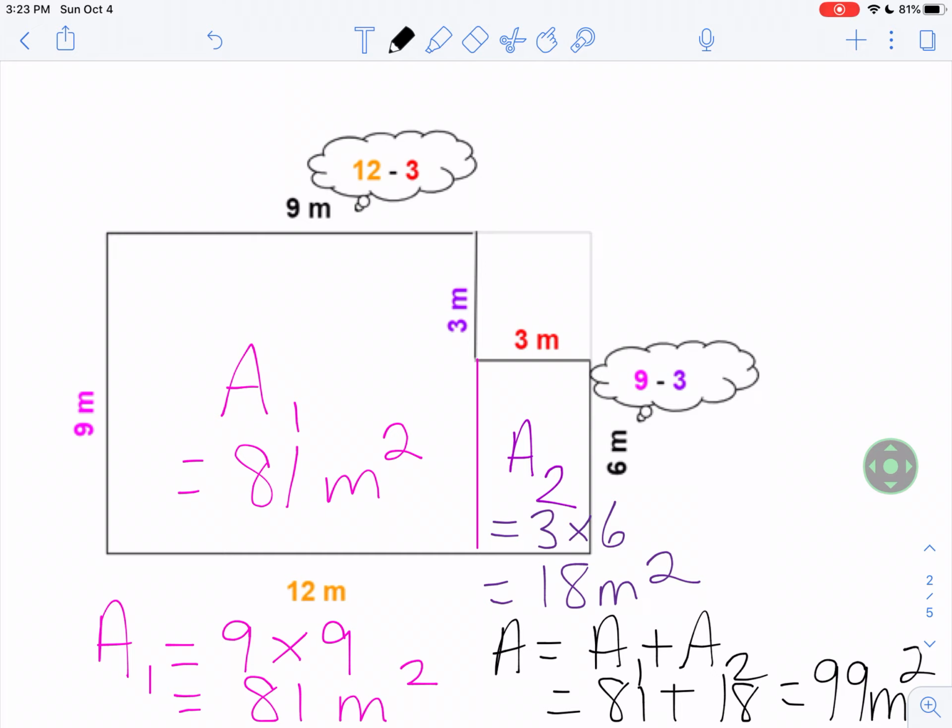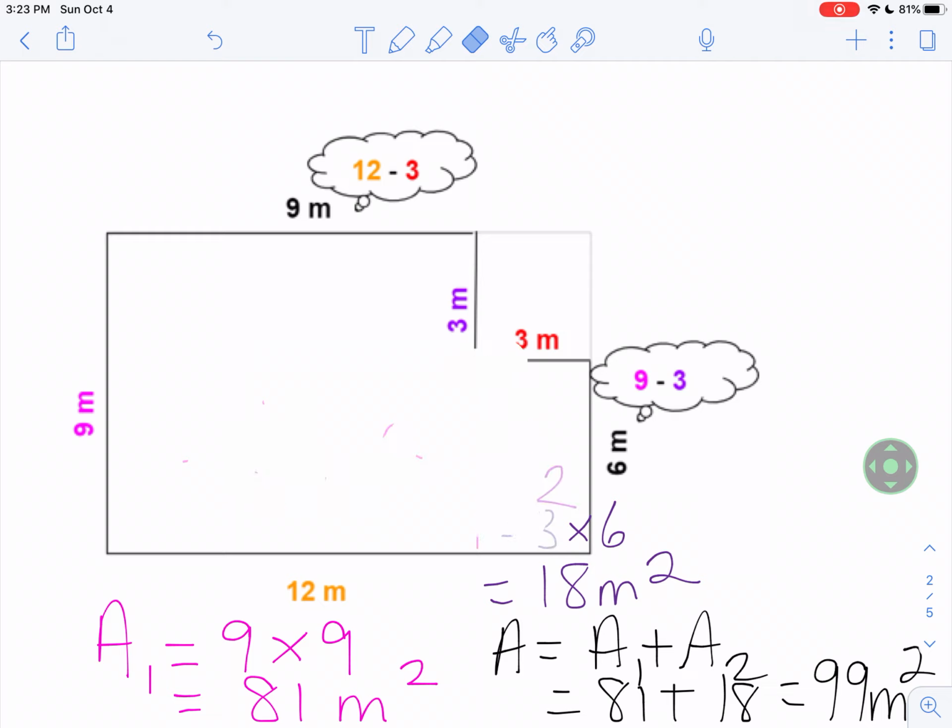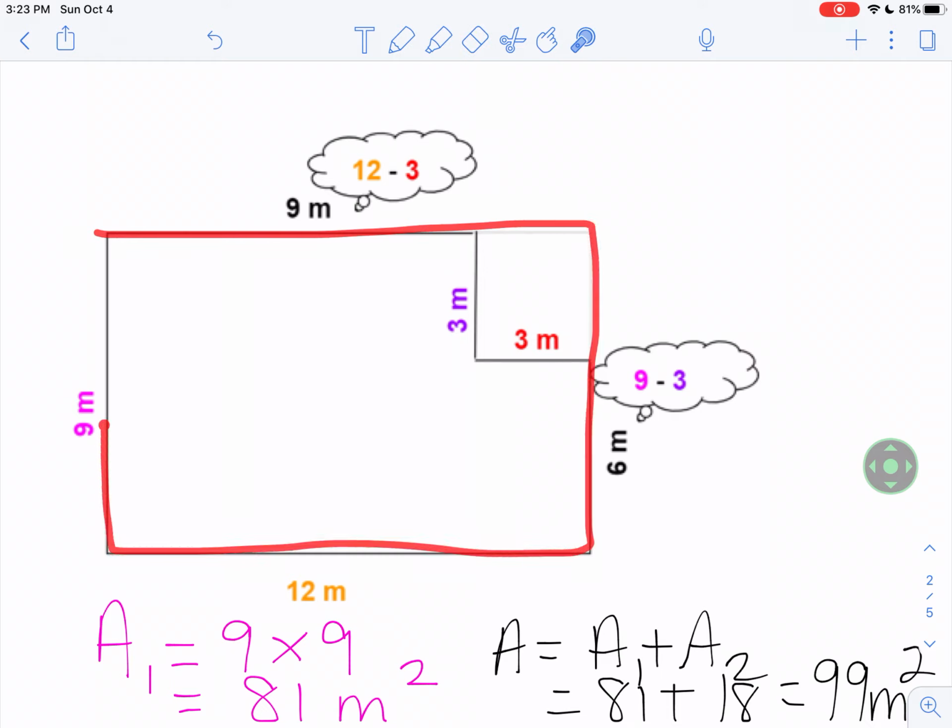Now we're going to look at how to do that by subtraction. So I'm going to erase these lines, and I'm going to now look at the outer rectangle here. I'm going to find the area of that, and then I'm going to subtract this small square from the corner. So let's see how we would do the total area with subtraction.